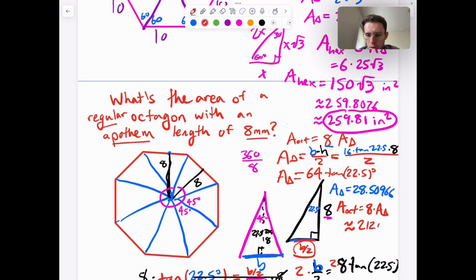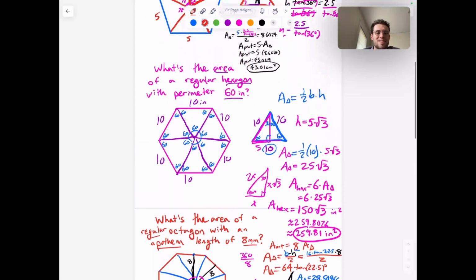Rounding that to the nearest hundredth gives us 212.08. Our unit here is millimeters, so if we're doing the area, it's millimeters squared. 212.08 millimeters squared.